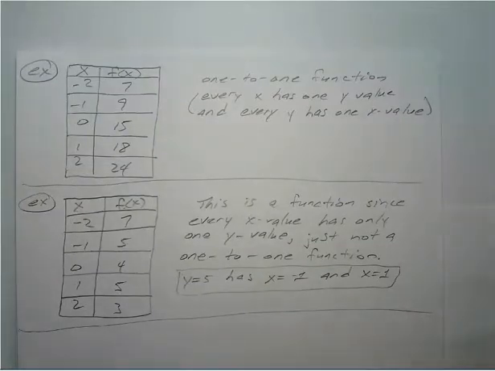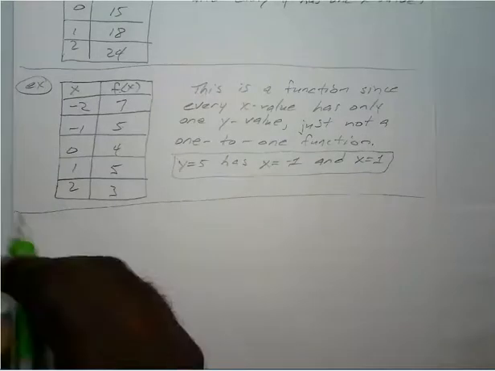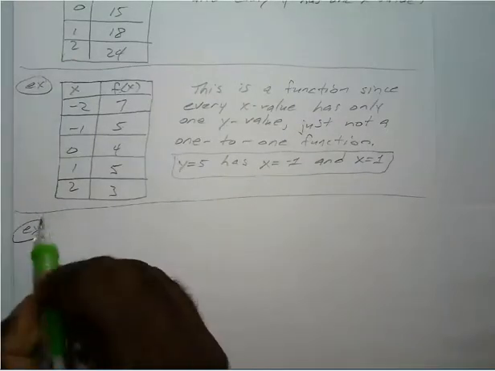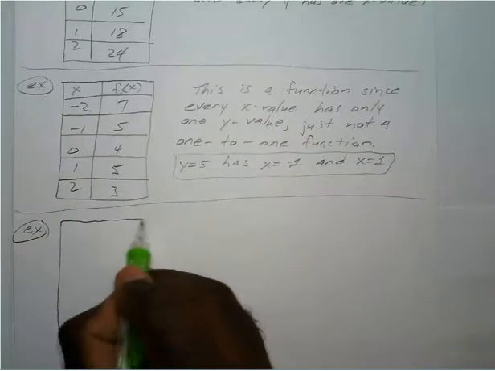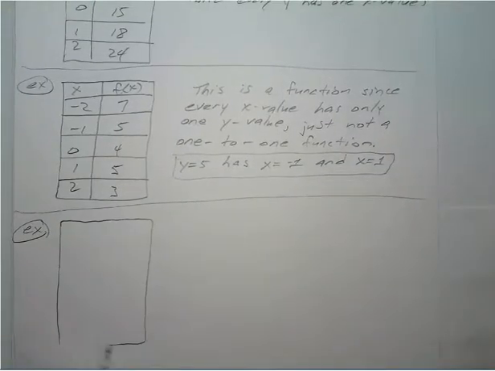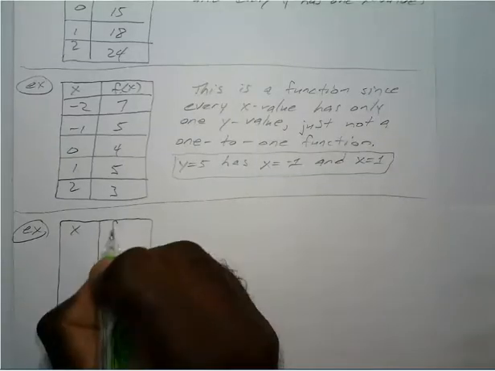All right, so let's look at one more example. And again, we're going to draw our table. We have our x, and we have our f of x.